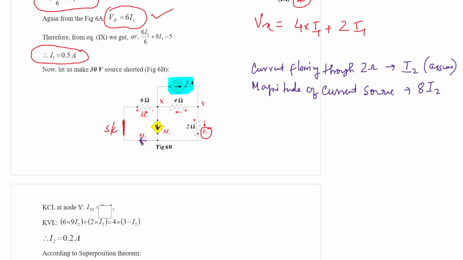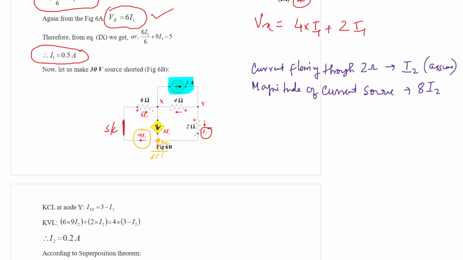Let us consider this node as a ground node, let us say this node is G. If you apply KCL at this node, this 8I2 and this I2 are both incoming. So what must be the leaving current?